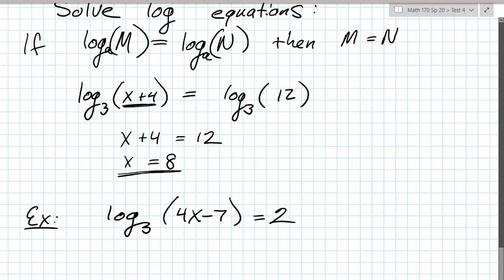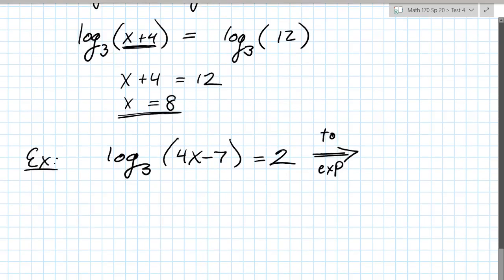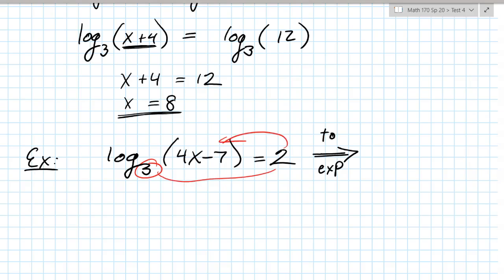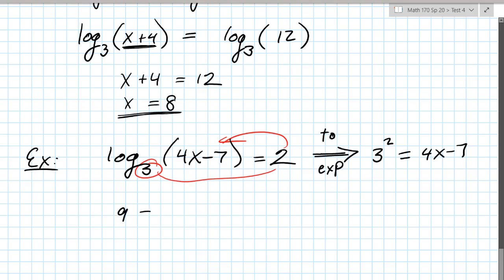If we have this situation, then we can change the form from logarithmic form to exponential form. So we're going to use the definition of how to switch back and forth. 3 squared is equal to 4x minus 7. And now we can work that problem. 3 squared is 9 equals 4x minus 7.